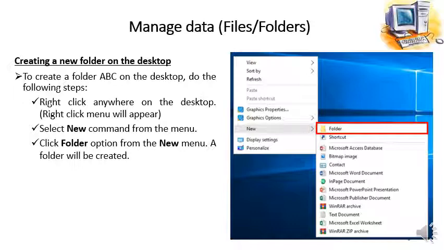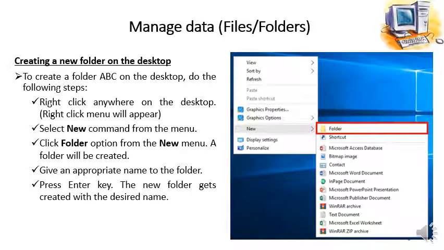So we will click on it. A folder will be created. Give an appropriate name to the folder. Press enter key. The new folder gets created with the desired name. So it's a very simple way of creating a new folder on the desktop.